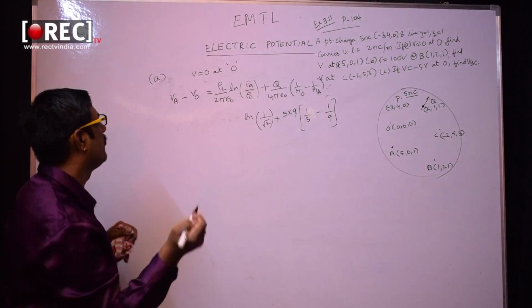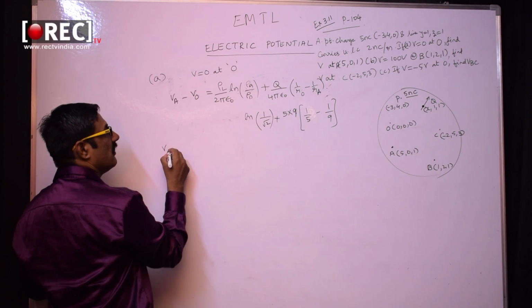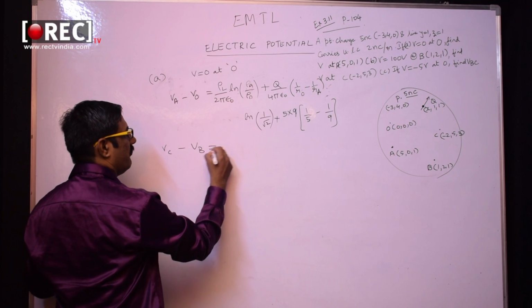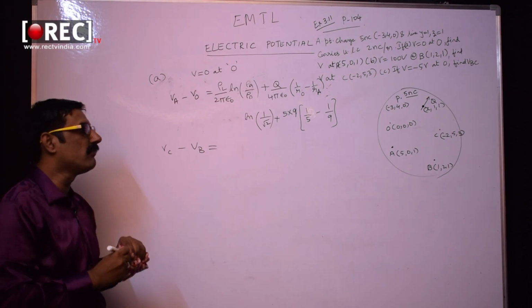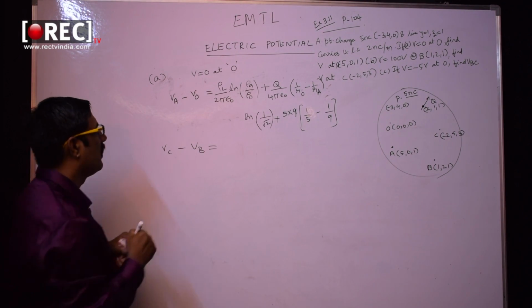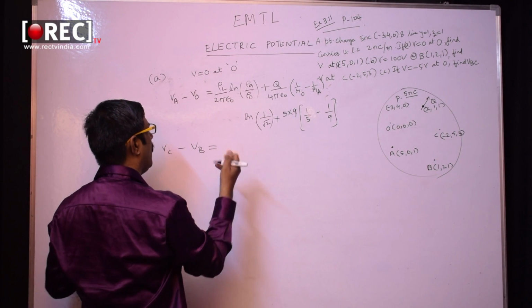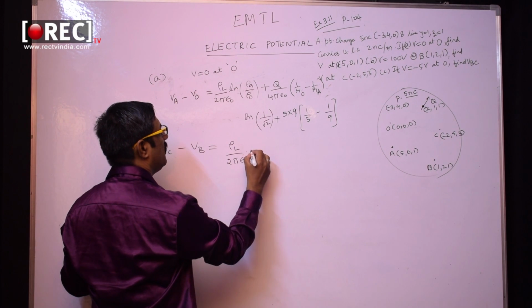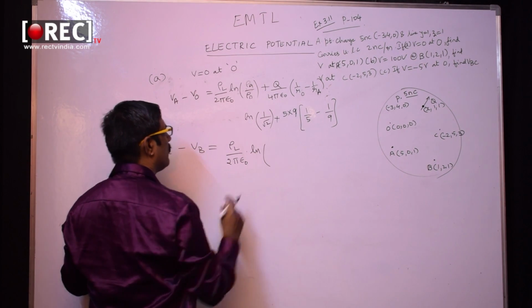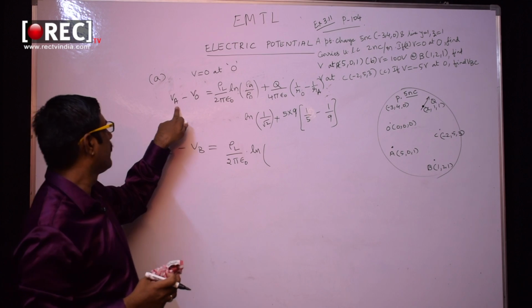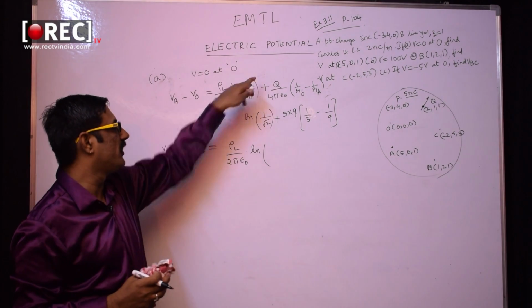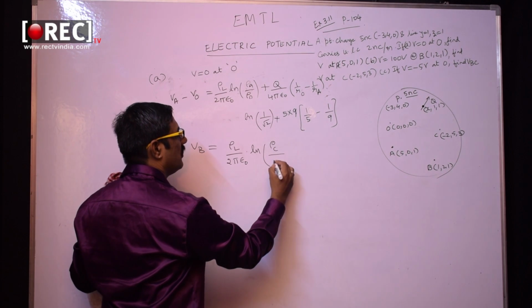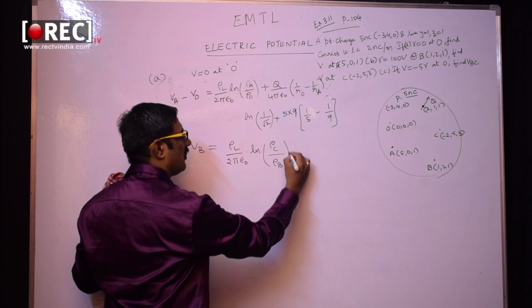So on similar lines, I can write VC minus VB. VC minus VB is equal to rho L by 2 pi epsilon naught into ln of the first distance in the numerator, so here rho C will come in the numerator and rho B in the denominator.